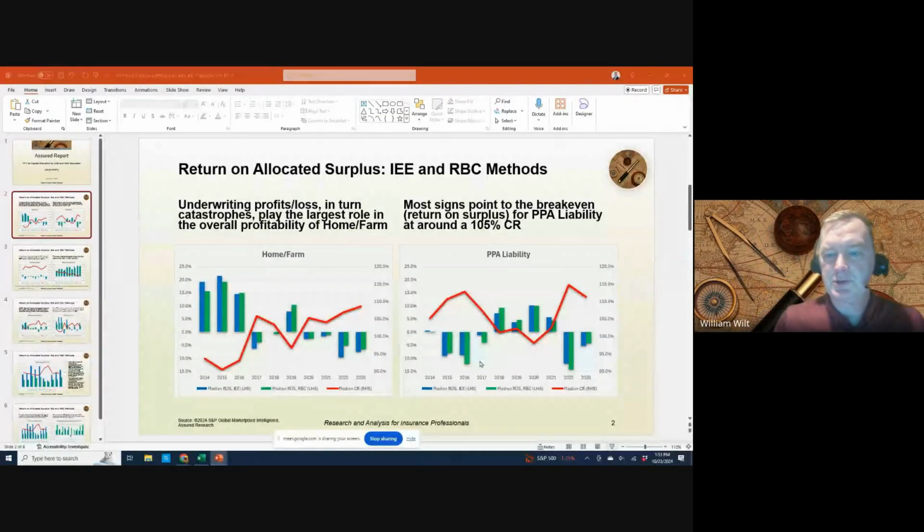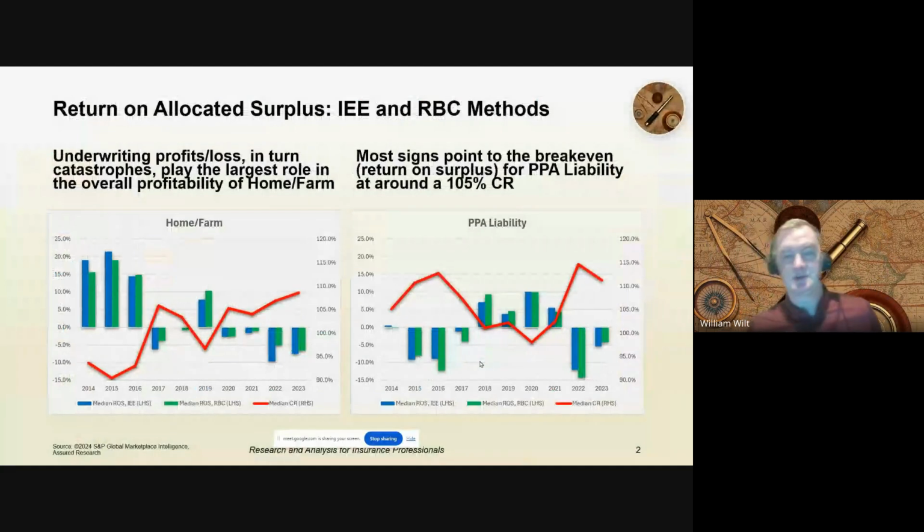So there are two techniques we used. One is for the real insurance wonks out there like us.